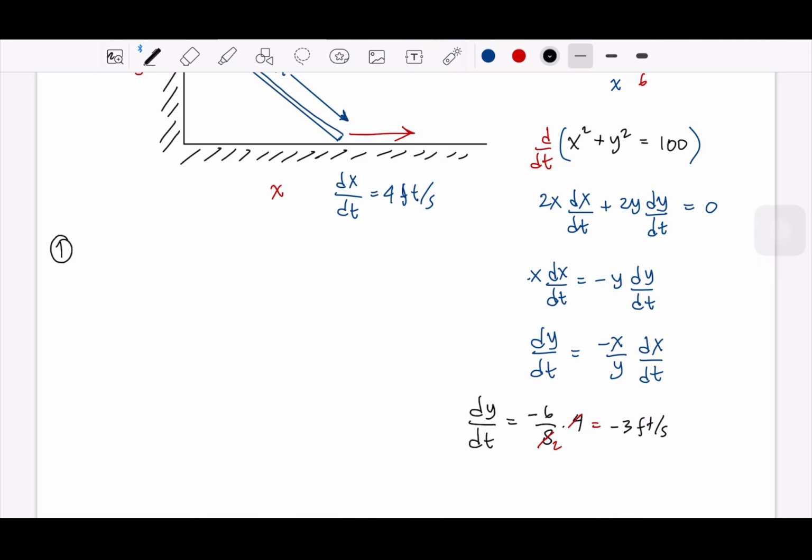First, understand the problem. Two, draw a diagram or illustration.